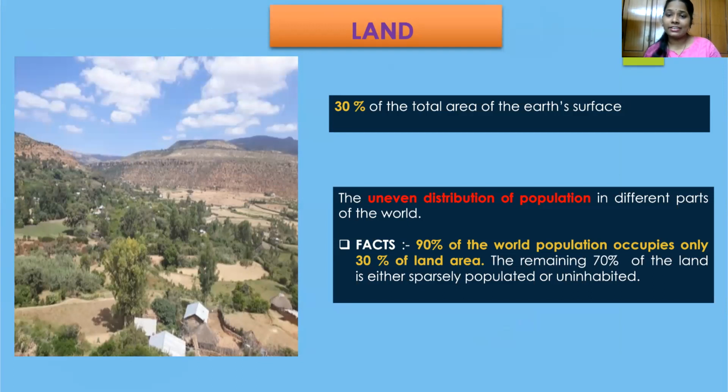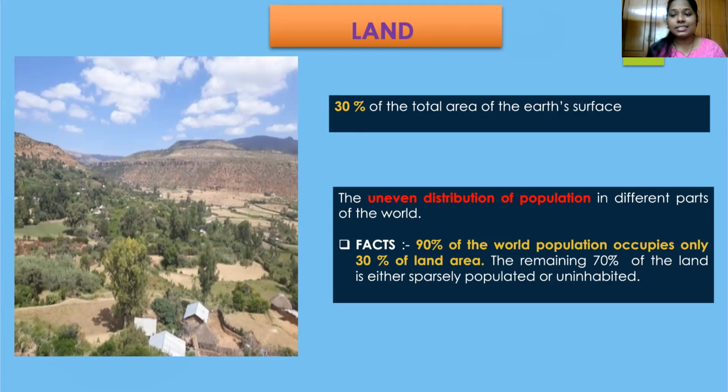Some land areas are favorable for human habitation and other places are not, because the land has variations. Some are mountainous and some are plain or plateau. That's why humans are distributed unevenly on this land.